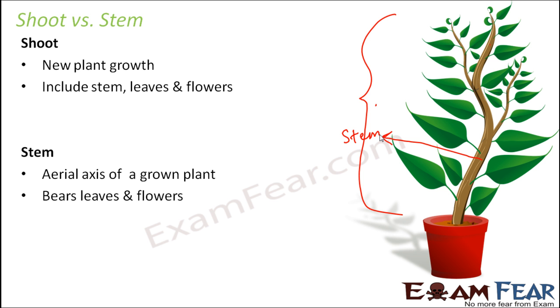Leaves and flowers are present on the stem, but they are not part of stem. So this axis is going to be the stem. Its job is to hold the leaves and flowers in place. But when we talk about shoot, it would mean the stem, leaves, flowers all together, and the shoot system grows above the ground.